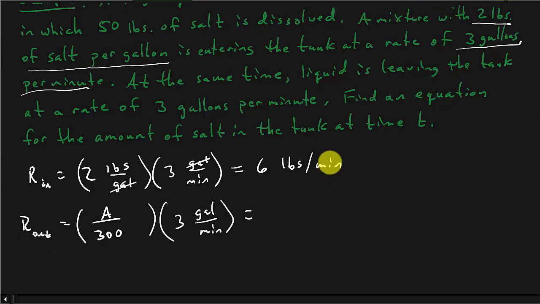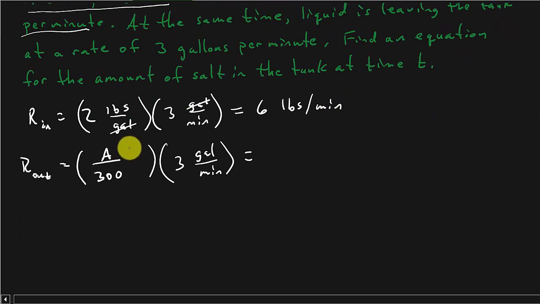It's going to be A over 300, and that's pounds per gallon, because A is the amount of salt at any given time. So we have A pounds per 300 gallons, times 3 gallons per minute, and the gallons cancel out.